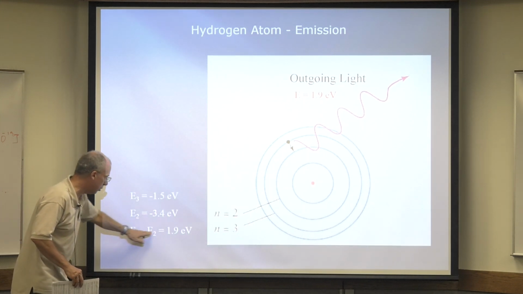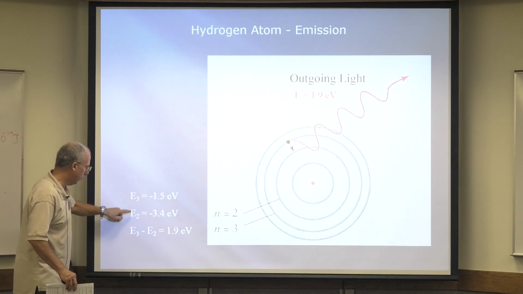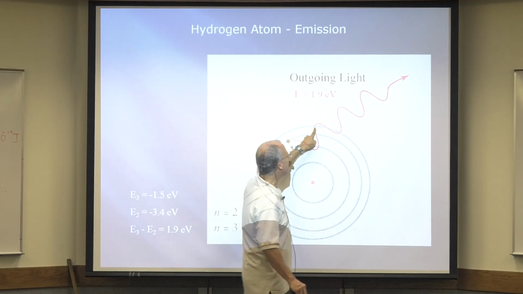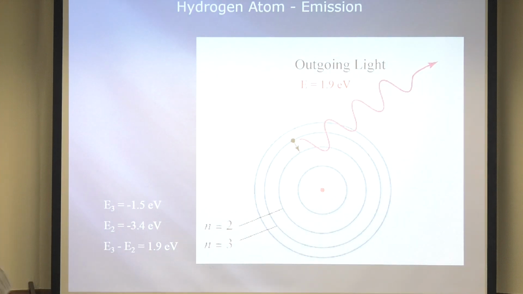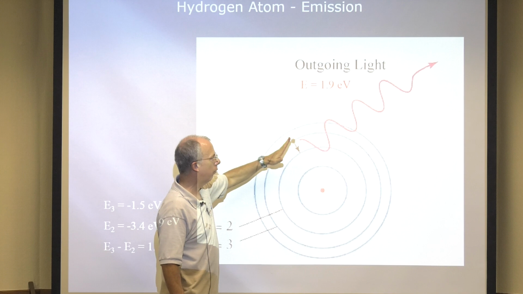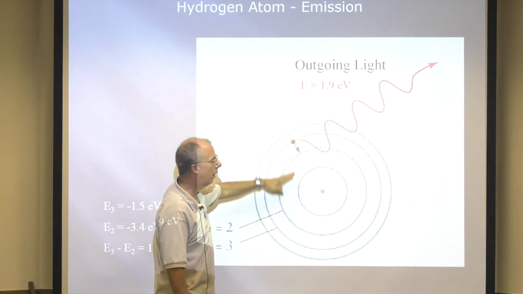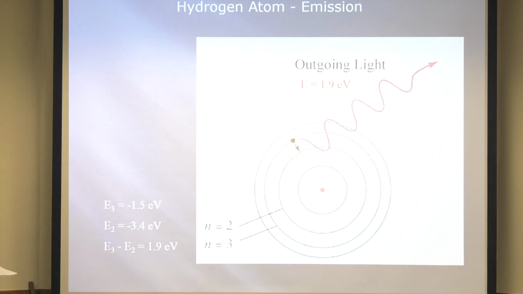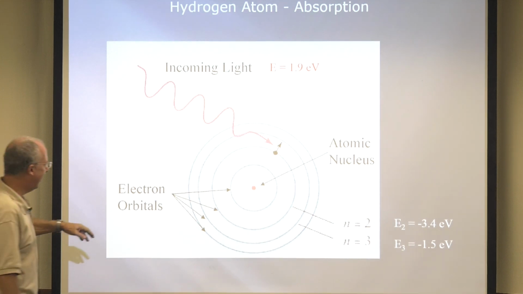The difference is 1.9, right? That minus that is that. So this photon has to have 1.9 eV, which I've already talked about. And so for the hydrogen, when it goes from the 3 to the 2, it's only going to have one specific energy, which means one specific wavelength, which means one specific color of light. And that's why you get a spectrum.